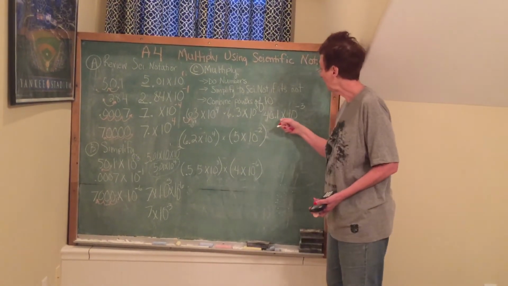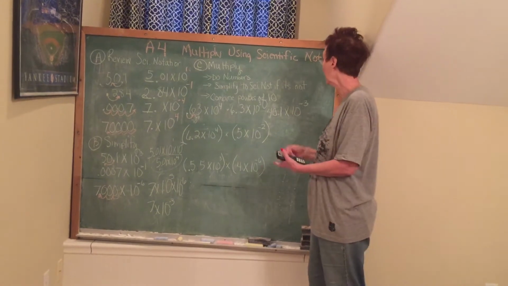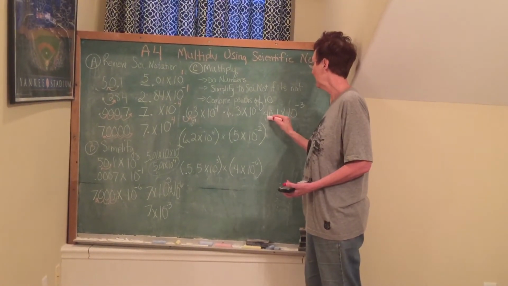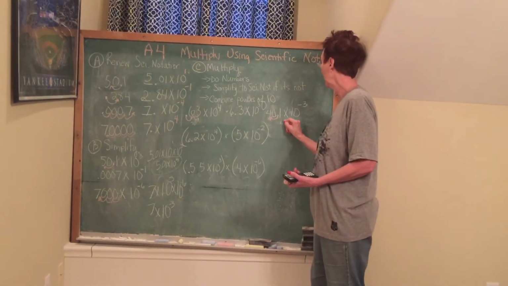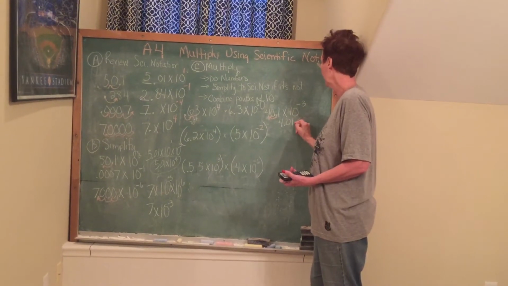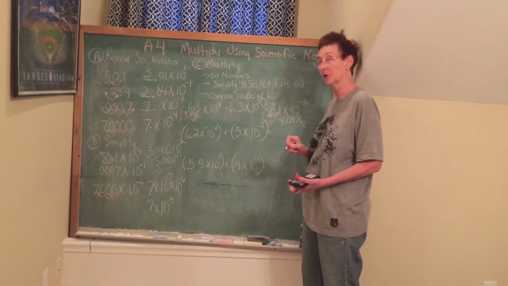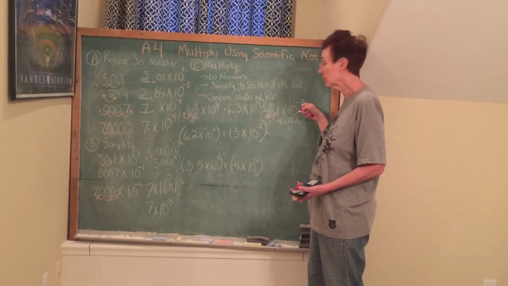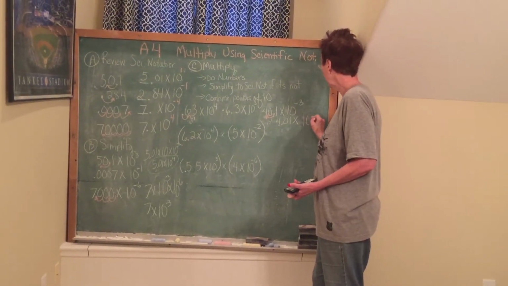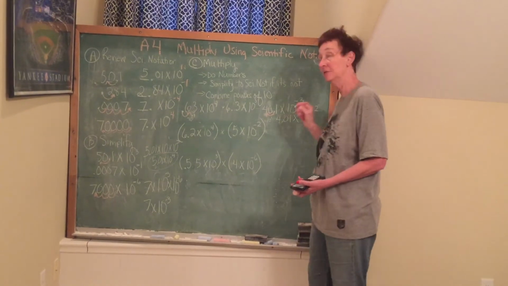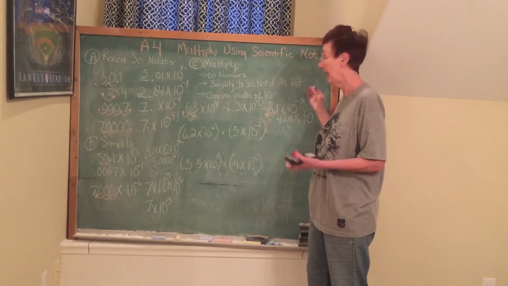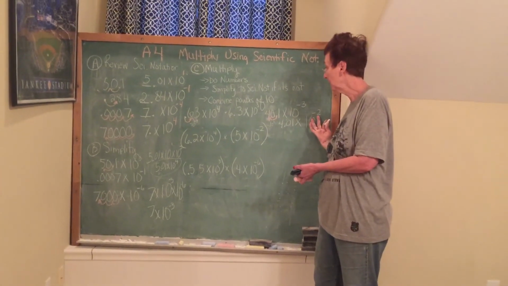If you have 40.1 times 10 to the negative 3, well, this time I needed to move the decimal point that way, and it would make it 4.01. You moved it this way, so that was a 10 to the first. You put 10 to the first with 10 to the negative 3, and now you have 10 to the negative 2, because 1 and negative 3 give me negative 2.